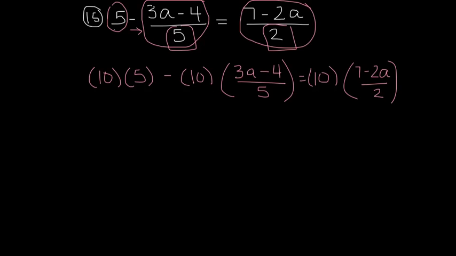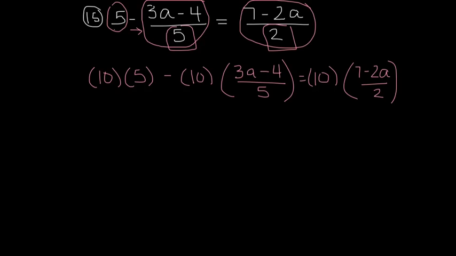The reason that I multiplied by a common multiple is because the fraction bar means divide. Because I am dividing, to clear out division, the opposite of division is multiplication. So what's going to happen is that these fractions will clear out using the idea that a fraction bar means divide. So let's see how that works out.